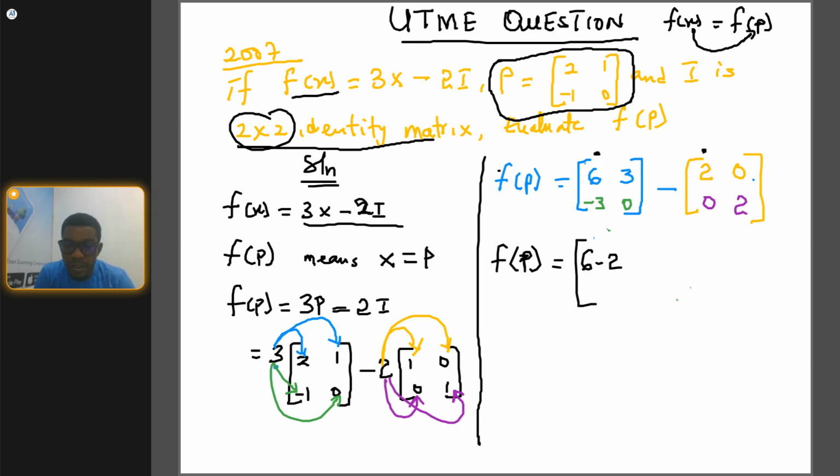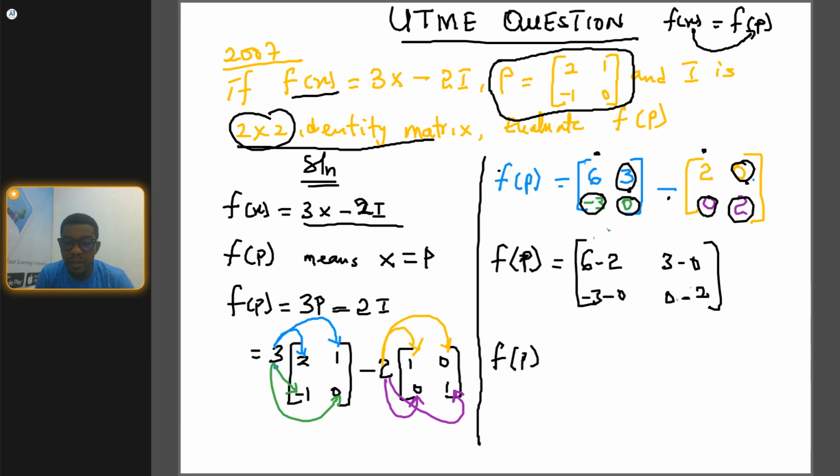Then the next one is 3 and 0, that will give us 3 minus 0. Next, we have minus 3 and 0, so minus 3 minus 0. Then we have 0 minus 2. Close the matrix.